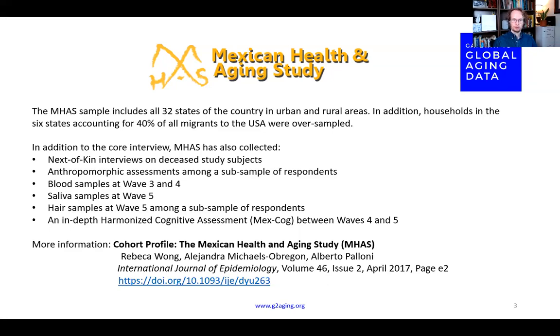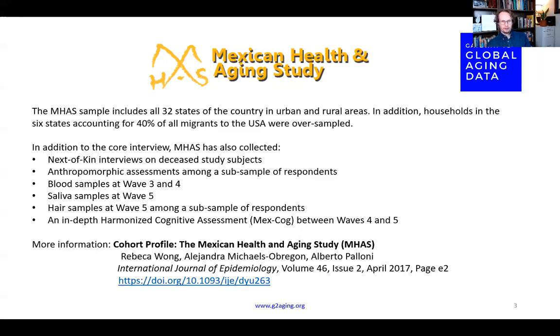The MHAS sample includes all 32 states of Mexico, both in urban and rural areas. In addition, households in 6 states are oversampled, or overrepresented, because those 6 states account for about 40% of all the migrants to the US at the time the sampling was done.